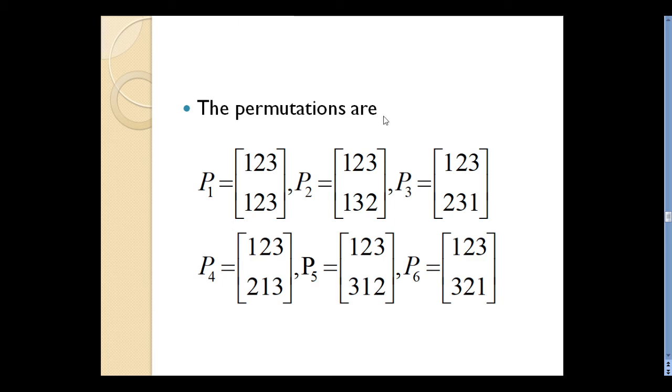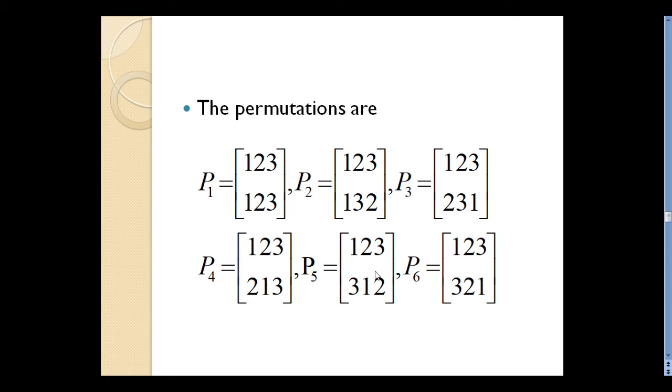Now the permutations are formed here. We have totally 3 elements, 1, 2, 3. We will write all the first rows first. The first row we can write 1, 2, 3, 1, 2, 3, 1, 2, 3, like that. We will fill the first row. In the second row we have to write 1, 2, 3, then 1, 3, 2. What are the different ways?